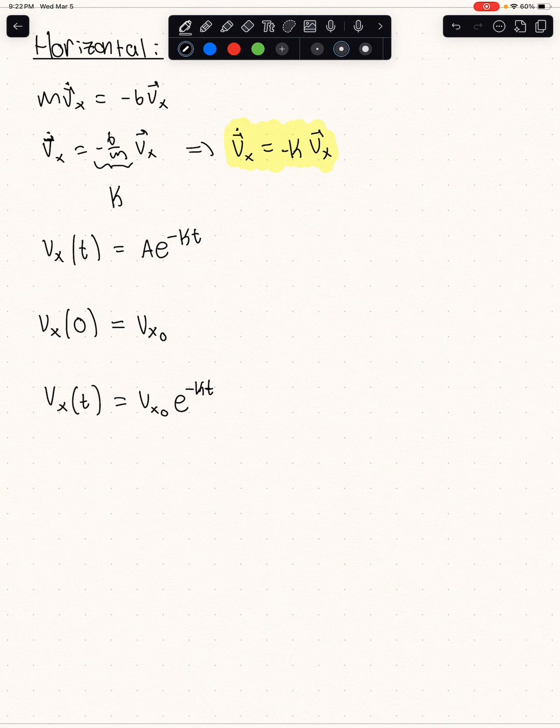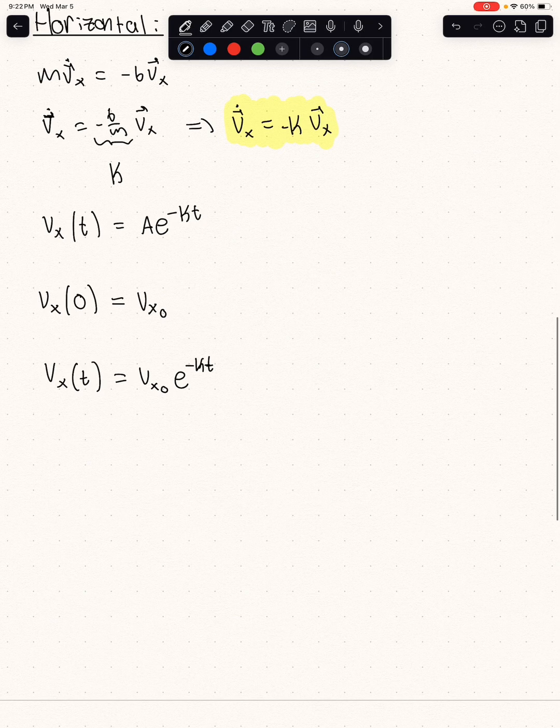Now, again, a little weird. The stuff in the exponential is going to go through a change of variables. We're going to add in the variable tau, which is going to be 1 over k. And remember what k was. k was b over m.